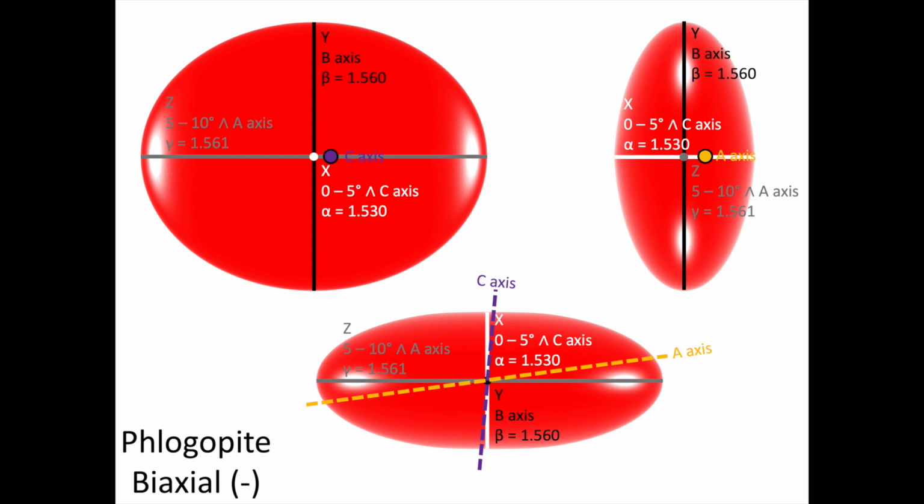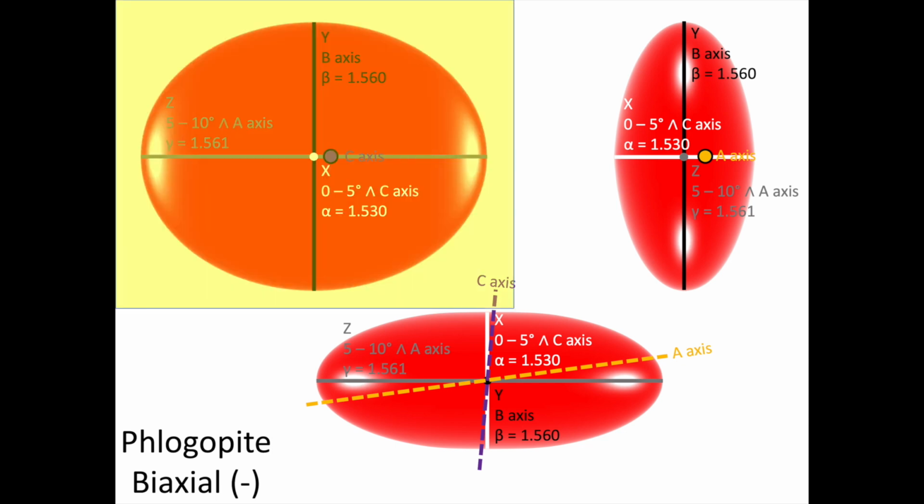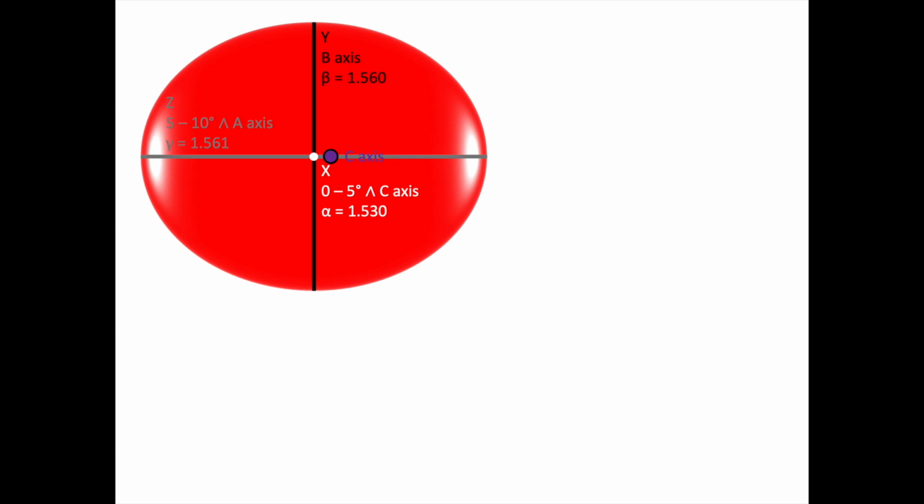And although we don't currently have a view through our optical indicatrix that exactly coincides with this plane, the view of our optical indicatrix in the upper left is within 5 to 10 degrees of the view we're looking for. Let's focus a bit more on this view for a moment.